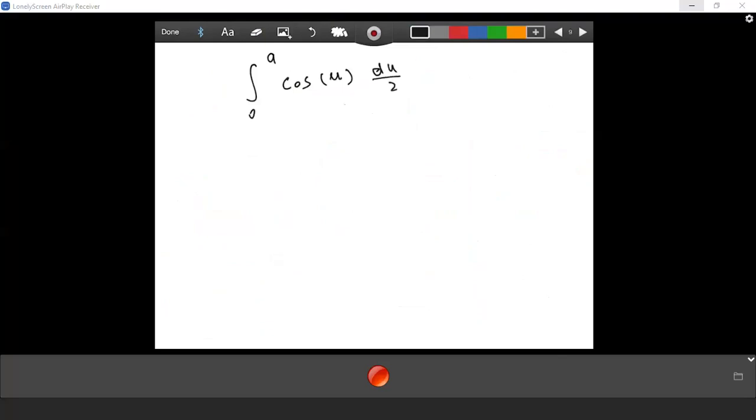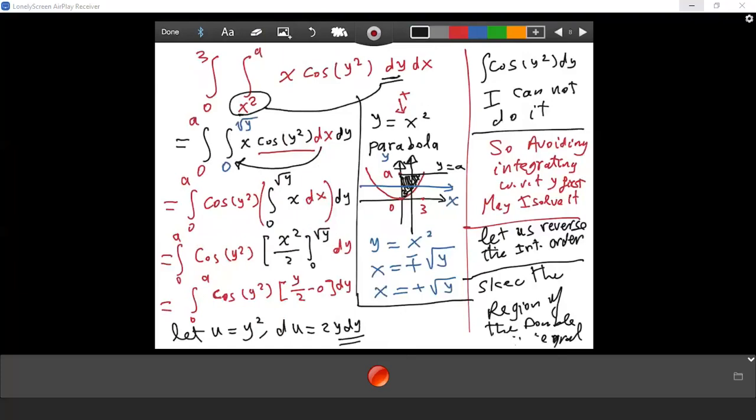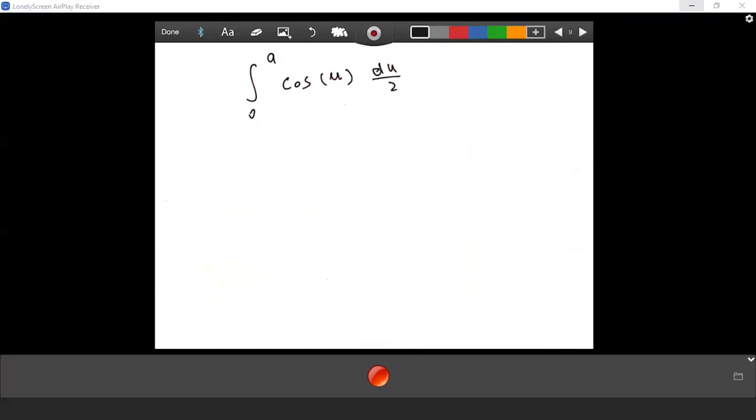And of course, I have the 2 down here, right? So I substitute for y dy, but I still have the 2 here, okay? So I will have 1 over 4, integration from 0 to a of cosine u du.